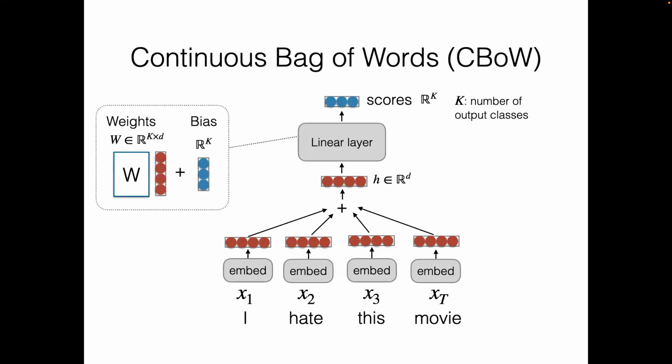And then to start adding to our vocabulary of these layers, another popular one is this linear layer. So here we're saying that our representation is of dimension D, but ultimately we want to get scores for these k different classes.